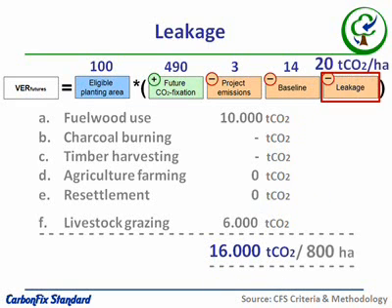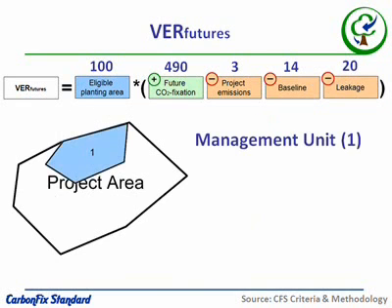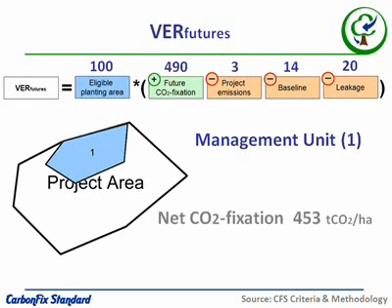Now, as we have determined all necessary parameters, we are able to calculate the net CO2 fixation of our management unit number 1. Therefore, we take the 490 tons of CO2, which will be stored in our forest, minus 3 tons of project emissions, minus 14 tons of CO2 resulting from the baseline, and minus 20 tons of leakage, which gives us 453 tons of net CO2 fixation per hectare.